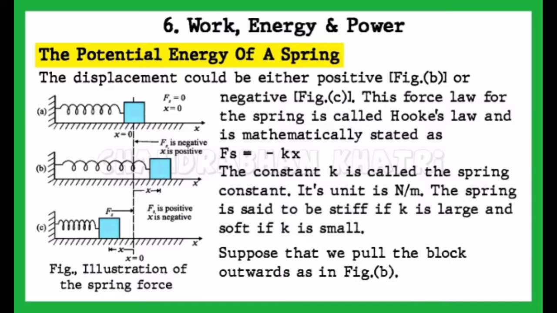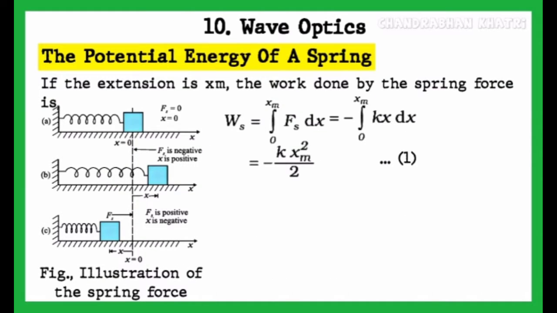Suppose that we pull the block outwards as in figure B. If extension is xm, the work done by the spring force is Ws equals integration limit 0 to xm Fs dx. That is equal to minus integration limit 0 to xm kx dx.